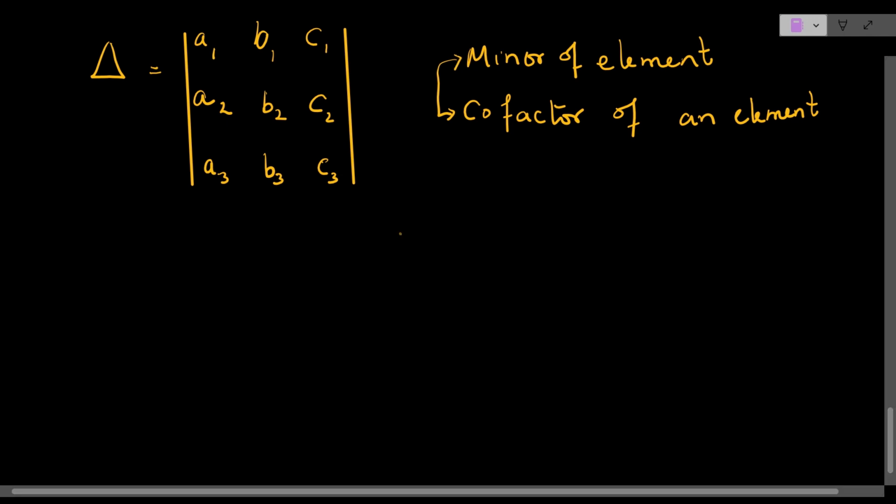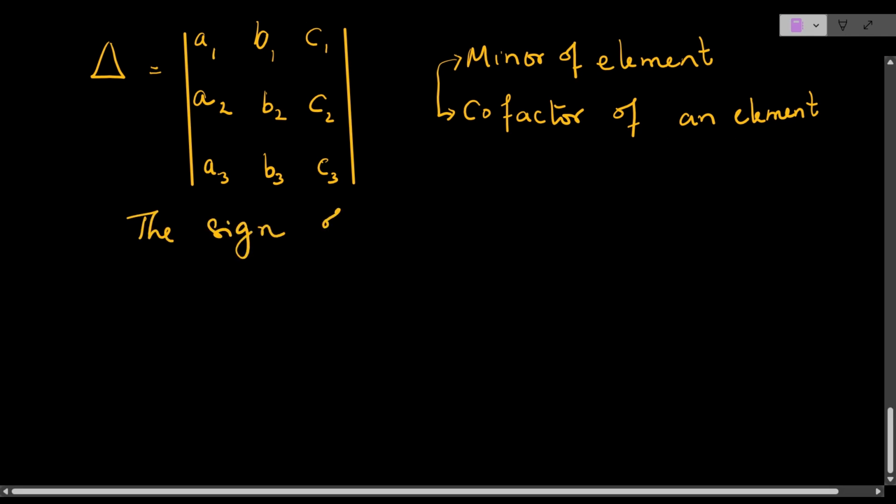Before going into that, we have to know the signs of each and every element inside the determinant. So what is the formula for that? I am telling you now.